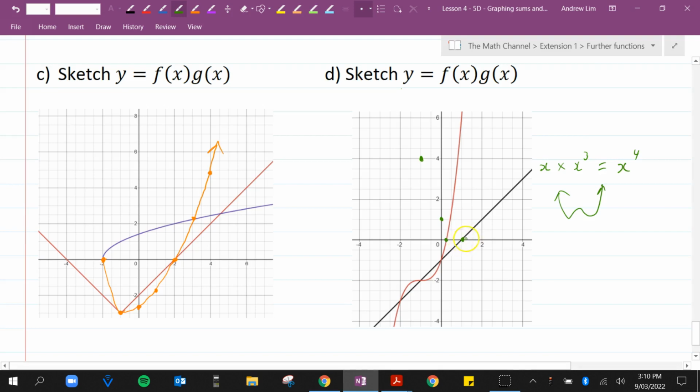Now, to the right, we'll see between here and here, between these 2 points, the black one's negative and the red one's positive. So negative times positive will be negative. It's going to come down below the x-axis. And it's going to come down somewhere around here. But to the right of x equals 1, they're both positive. It's going to be going up. It's going to be going up like that.